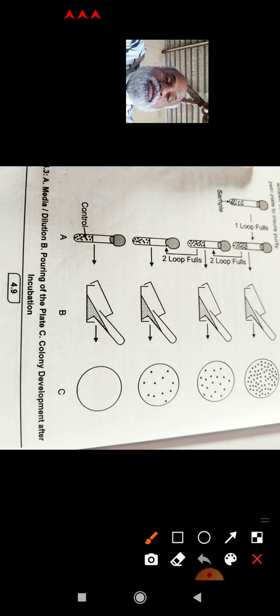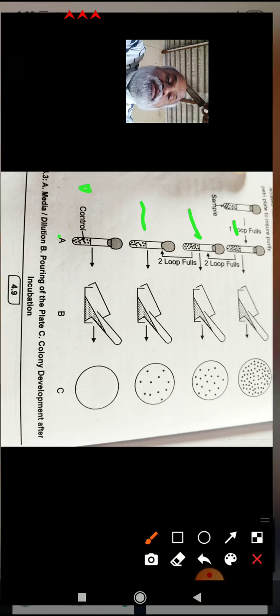So different dilutions are made, and here on the screen you can see different dilutions. At first this tube, second, third, and this is the control. So different dilutions are made from a sample. This is the sample tube.